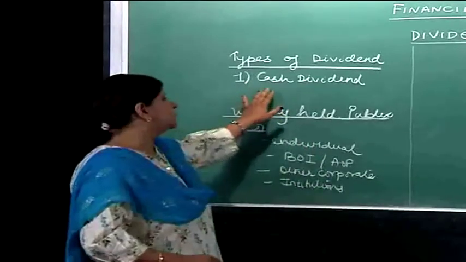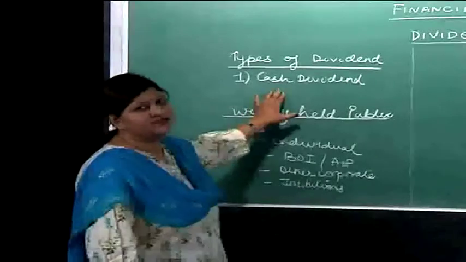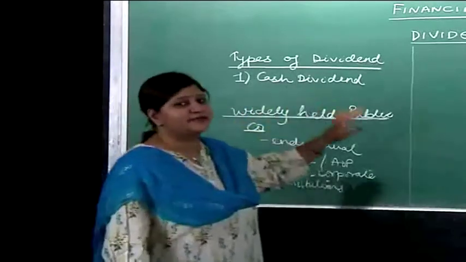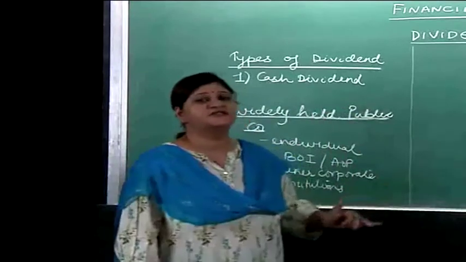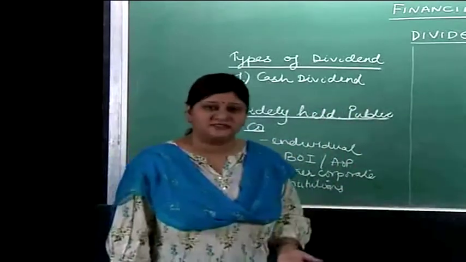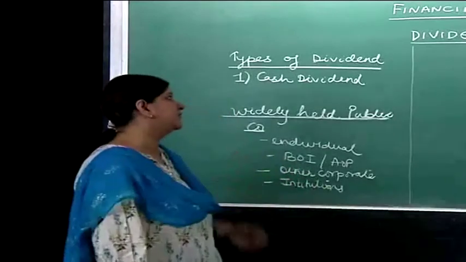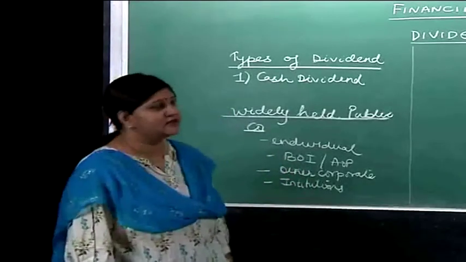So, there is a coupon attached and he can encash that coupon out there. Such type of dividend is applicable to the organizations who have adequate liquidity. If they have good liquid sources in their hands, they can go for the payment of cash dividends.